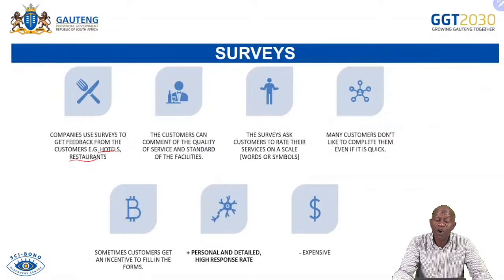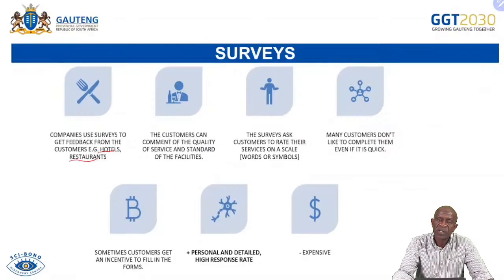As we further explore surveys, the surveys will ask customers to rate their service on a scale, word, or symbol. So they will ask you to rate them on a scale of 1 to 10, 1 being the poorest of the poor quality that was provided, and around 5 will be moderate, and 6 up to 10 would suggest good and excellent service has been provided.